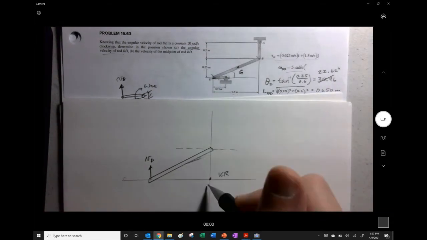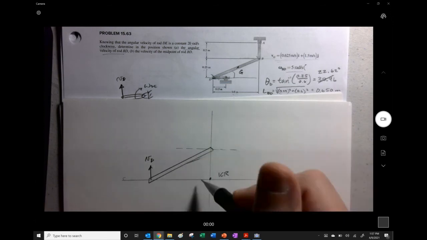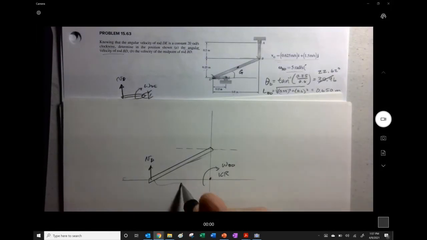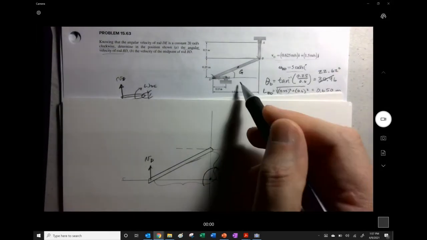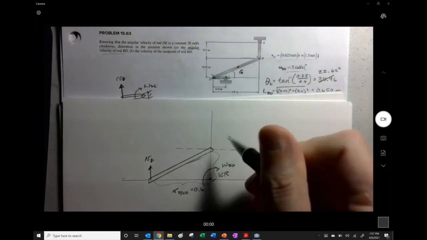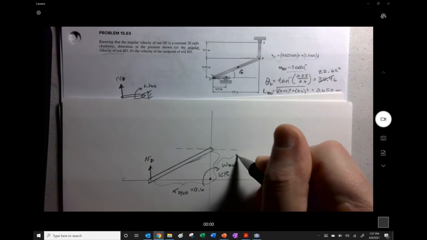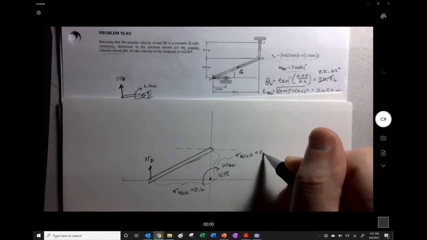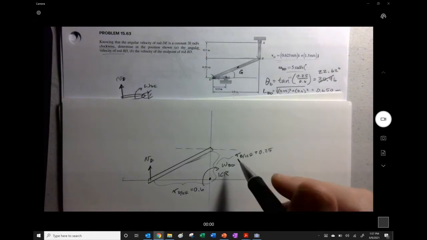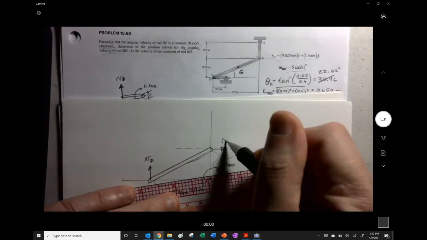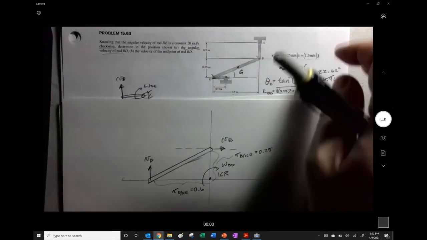And then from observation here, we can see that it's rotating clockwise, our omega BD. And just from the geometry here, this is our R, let's call it D with respect to ICR, it's just going to be 0.6. And our B with respect to ICR is going to be equal to 0.25.